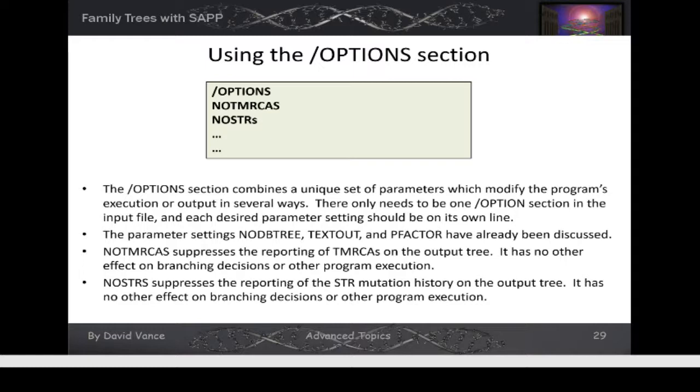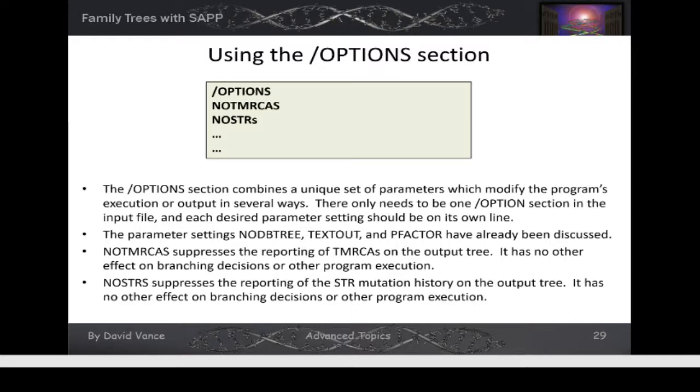If you put an option in there about drawing the tree, but then you say text out to change the tree to a textual output, it may not draw it the way that you specified in a different option because it's now producing text instead of a tree. So your options have to make sense together, but they can all be in the same section because you're specifying different parameters. In this case, we'll talk about 2 new options.